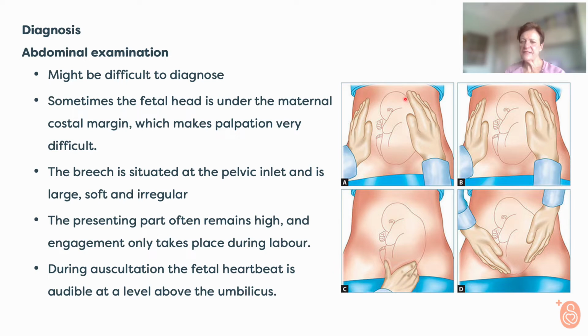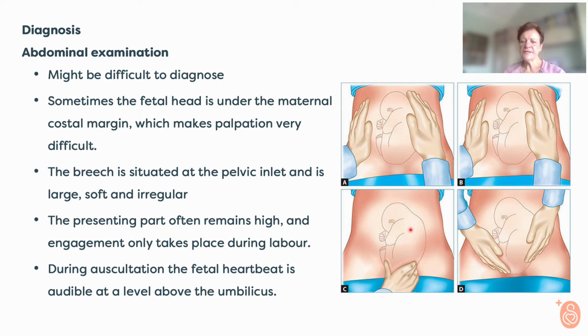So you will hear the fetal heart rate where my marker is here, and it's usually above the umbilicus of the mother. That's another distinguishing diagnostic point in a breech presentation.